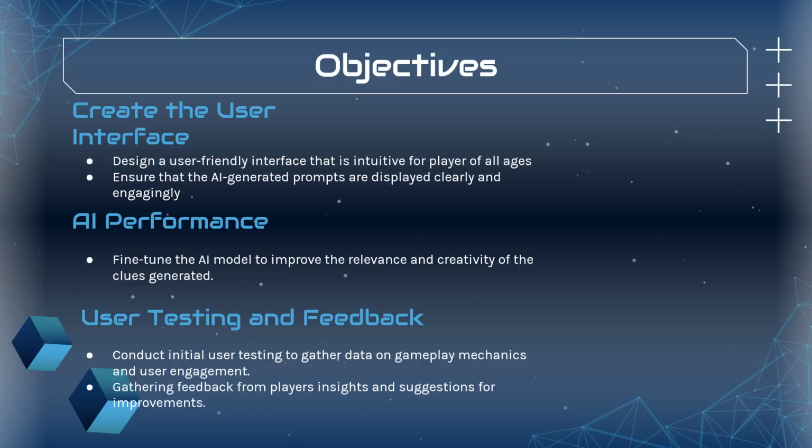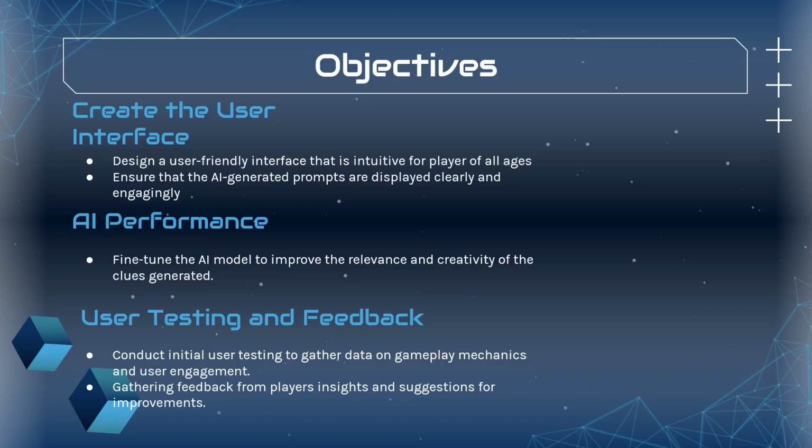Lastly, the last objective is user testing and feedback. This is also important for us. This objective is crucial as it directly influences the iterative development of our game. We plan to conduct initial rounds of user testing to observe how players interact with our game and respond to AI generated prompts.